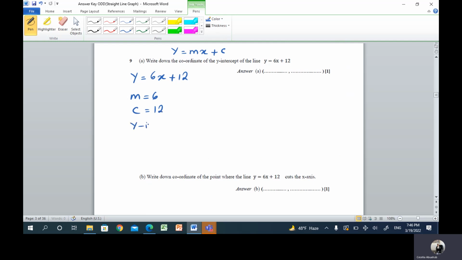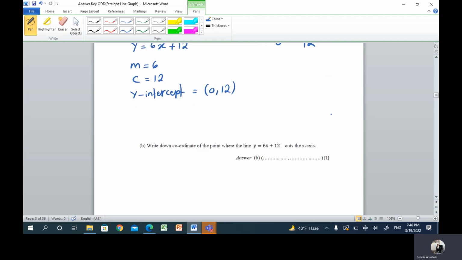The y-intercept is equal to 0, c, so it's 0, 12. Okay, now let's answer the questions. Write down the coordinates of the y-intercept, so it's 0, 12. Write down the coordinates of the point where the line cuts the x-axis.